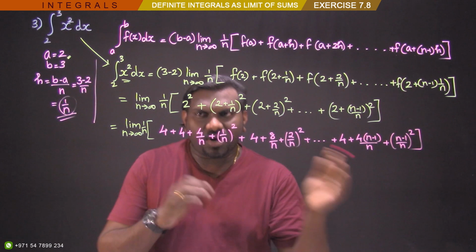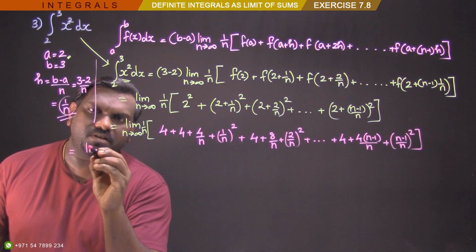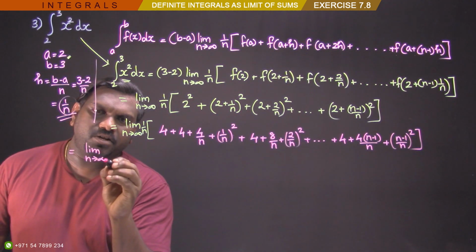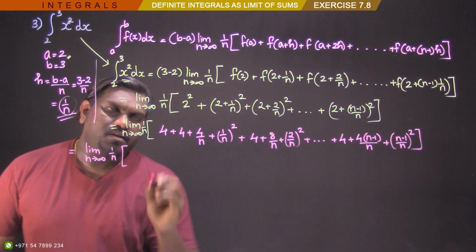That's it. Now whatever is common, let's take it out. Limit n tending to infinity, 1 by n.